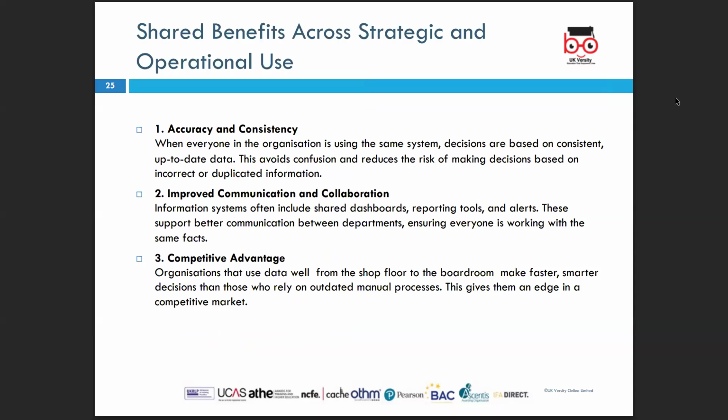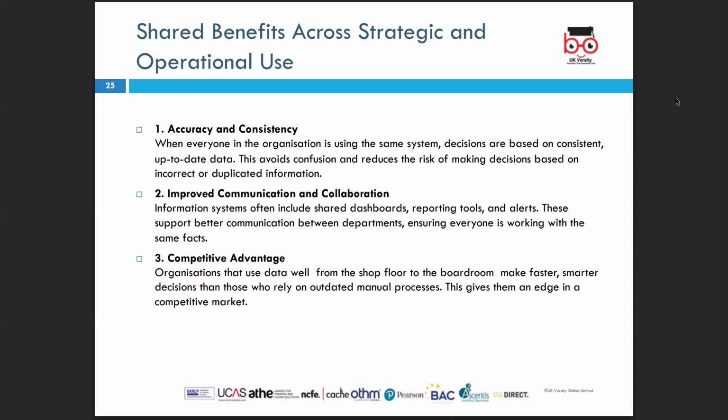Shared benefits across strategic and operational use. Both of them have accuracy and consistency. When everyone in the organization is using the same system, decisions are based on consistent, up-to-date data.